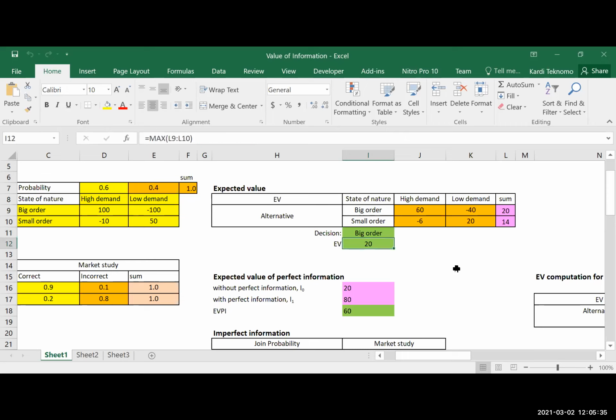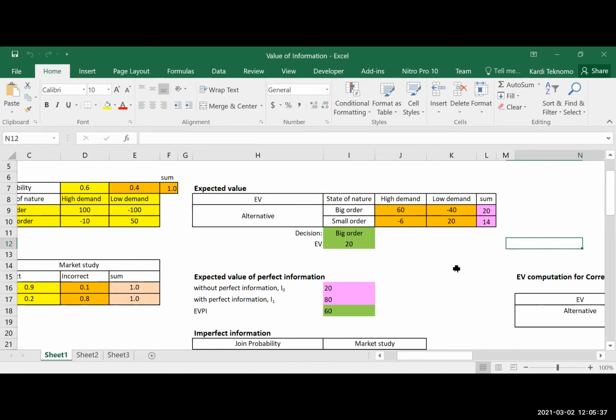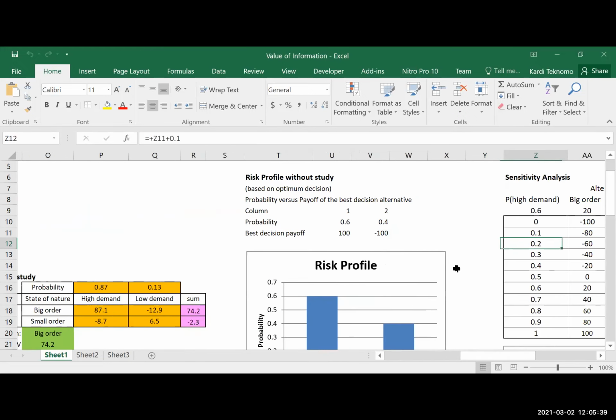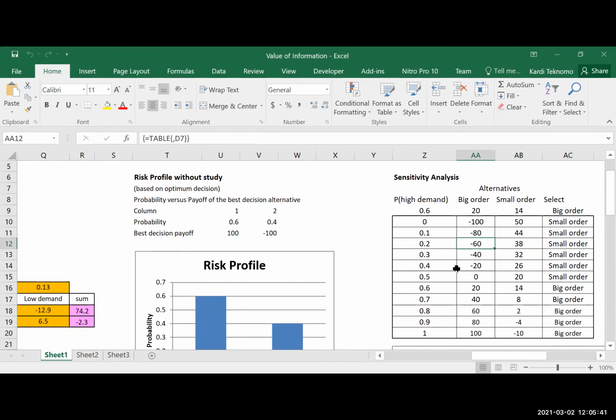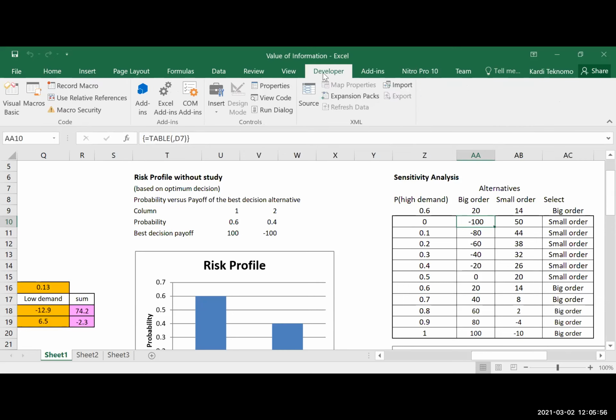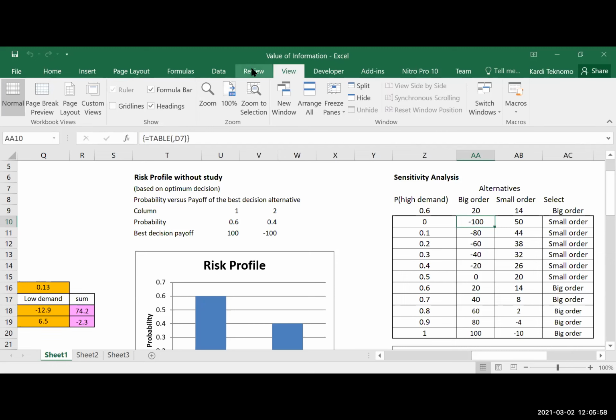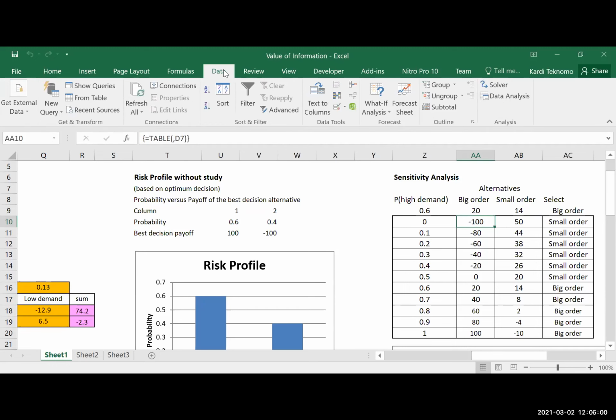Now you put this value into the sensitivity analysis. What will happen if I have big order? What will happen if I have small order? In Excel, there is a technique called data table here.